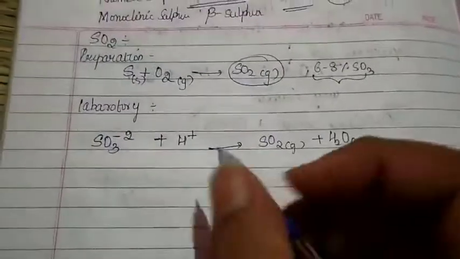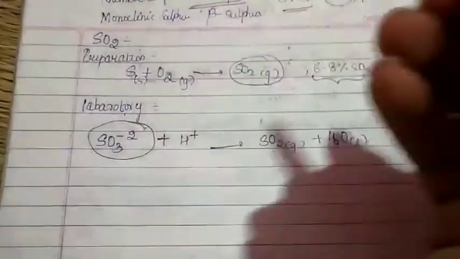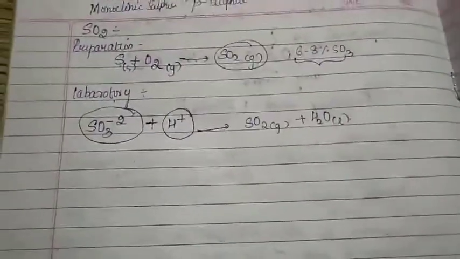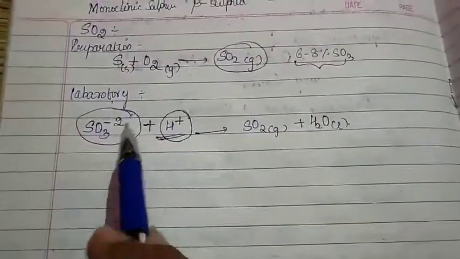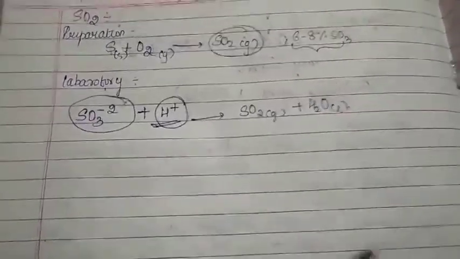Are you getting my point? So in the laboratory we prepare it by treating sulfites. Any sulfite you can take with dilute sulphuric acid. In dilute sulphuric acid the important component is the proton, which gives SO2, that is sulfur dioxide, along with water.